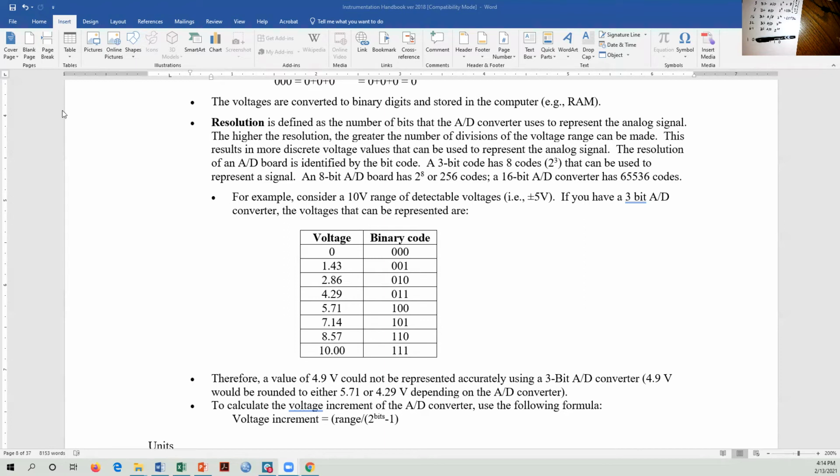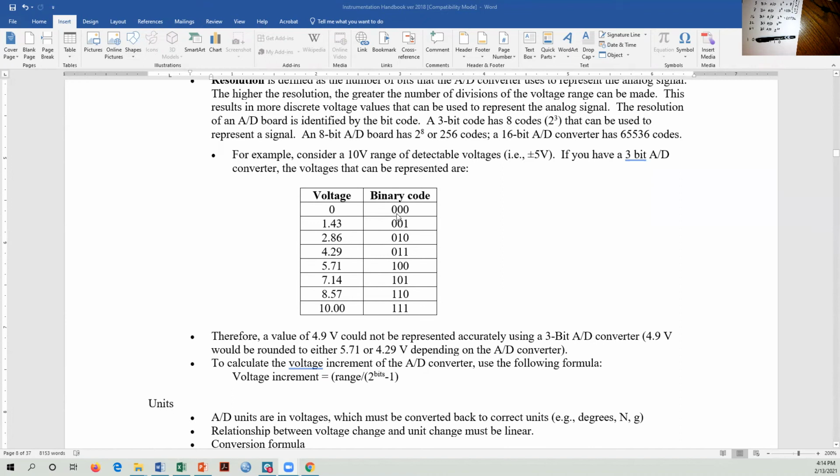And typically the ranges are set for most data acquisitions, plus or minus 5 or plus or minus 10 volts. And that gives you the range of voltage that you can try to detect from your instruments. And most instruments stay within one of those two ranges. All right, so resolution is related to the number of voltage increments that we can make in the A to D board.